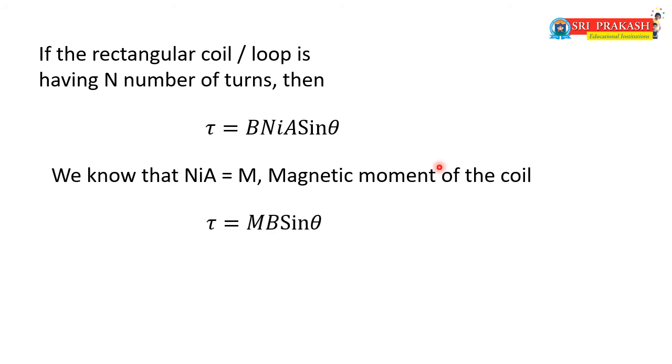So simply we can write torque tau equals, instead of NIA, capital M, and B sin theta. MB sin theta we can write as the cross product of M bar cross B bar. So torque tau bar equals M bar cross B bar in vector notation.